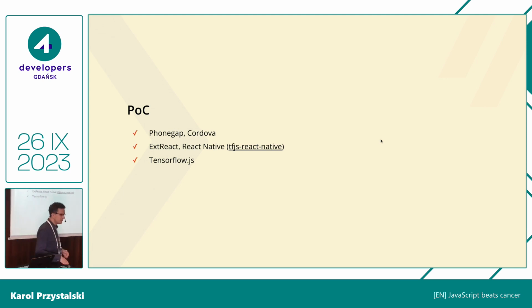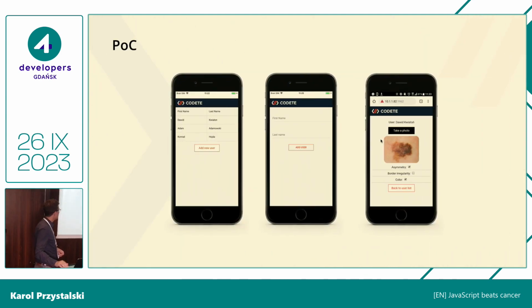Now it's React Native, which is the current state of the next POC of this app. And also TensorFlow.js. Anyone heard about TensorFlow? Everyone heard about TensorFlow, right? And there is a JavaScript version for it. That's pretty cool. All right, this was actually how the first app looked.